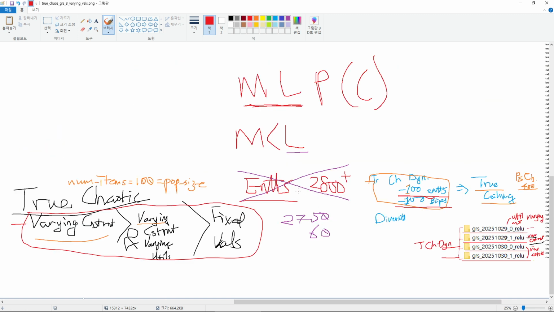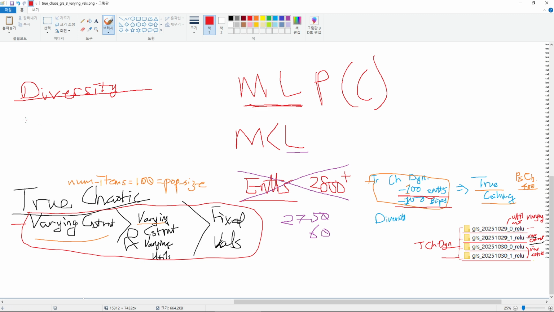But anyway, and also when it comes to diversity, which is very important, so as to lower the risk of entities going extinct.